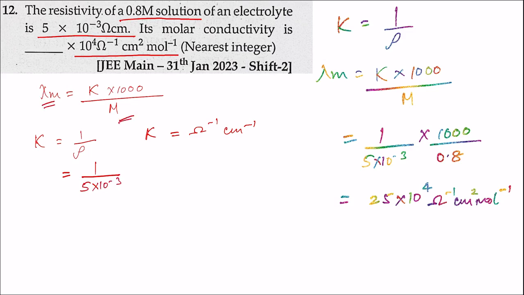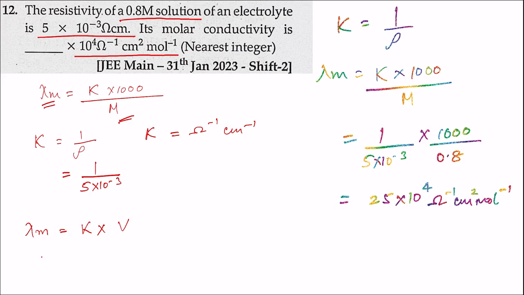How is this formula derived? Molar conductivity is actually conductivity multiplied by volume of solution in centimeter cube containing 1 mole of the electrolyte.